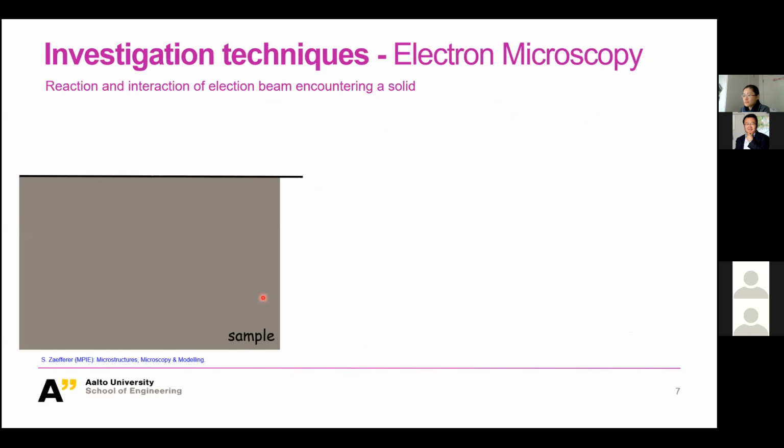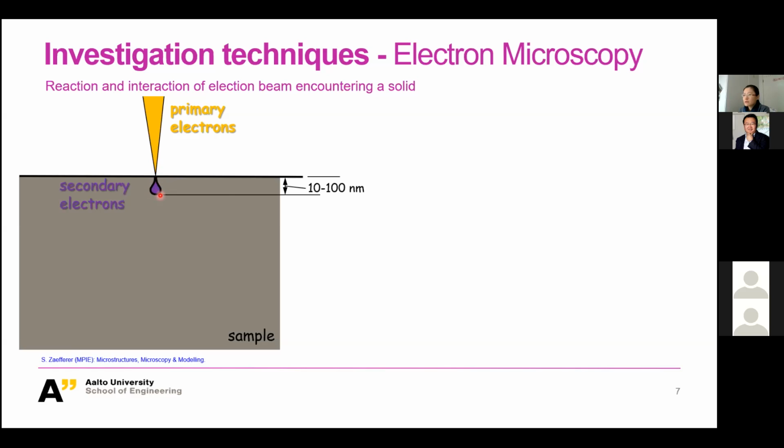For example, this is our solid sample. And if you have incident electron beams, when it encounters the solid at this point, it will generate a huge amount of energy. Then they will activate some signals. For example, we will have first the secondary electrons.